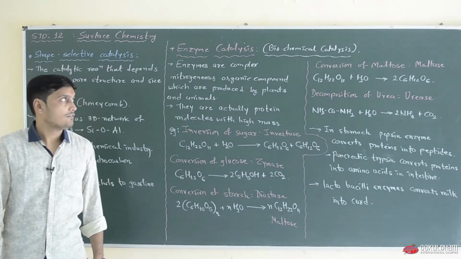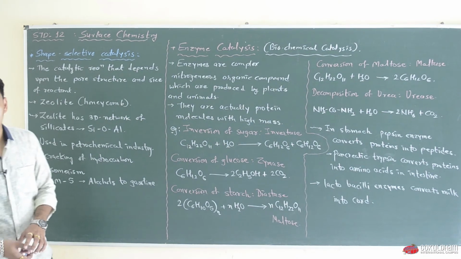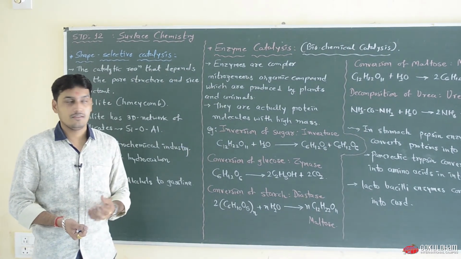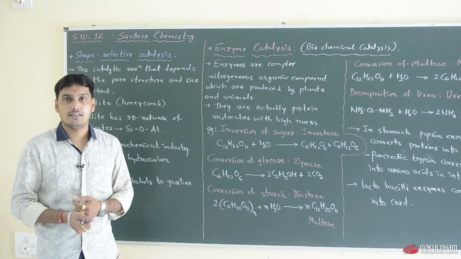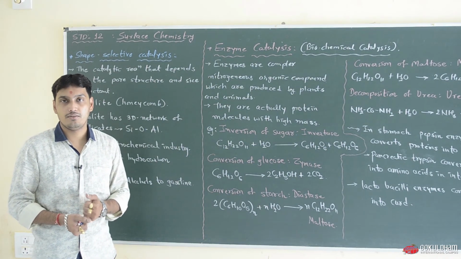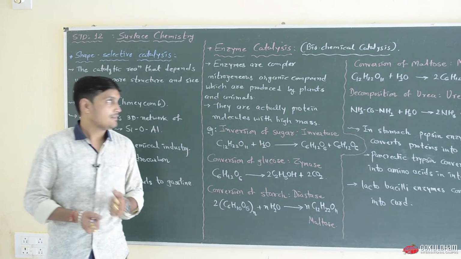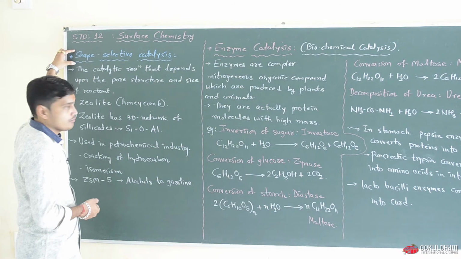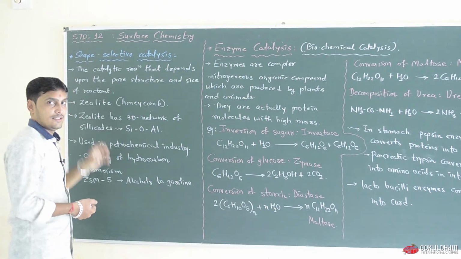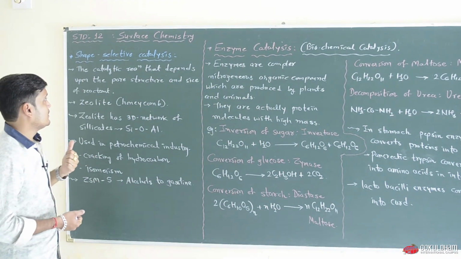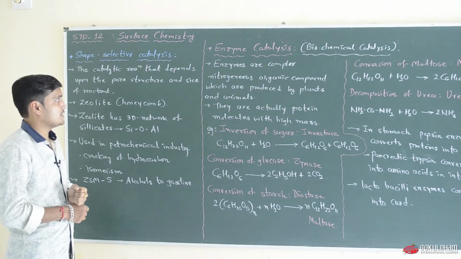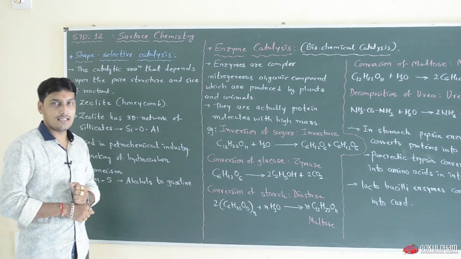Okay. Now we are going to discuss various types of catalysis. We already saw in the previous video homogeneous catalysis and heterogeneous catalysis. Now our third type is shape selective catalysis. Shape selective catalysis means a catalytic reaction that depends upon the pore structure and the size of the reactant.